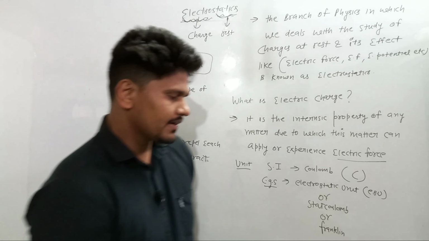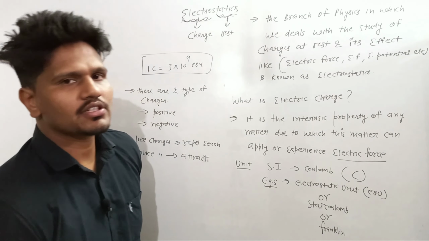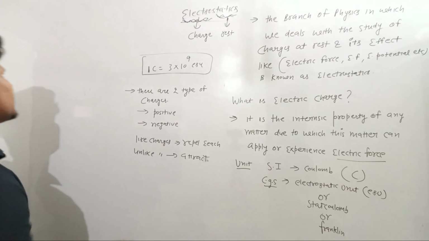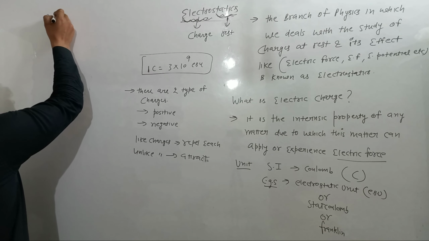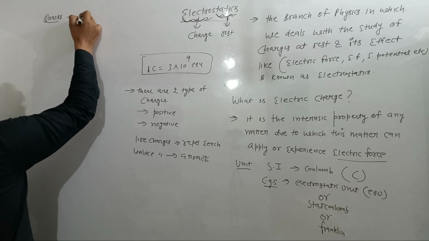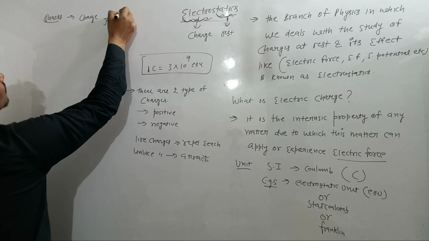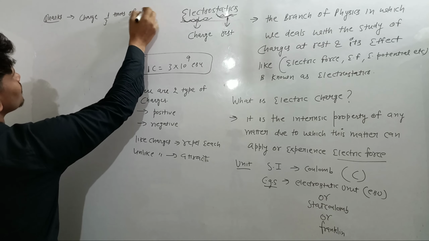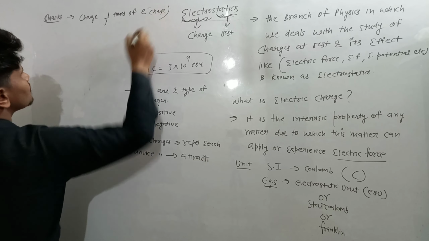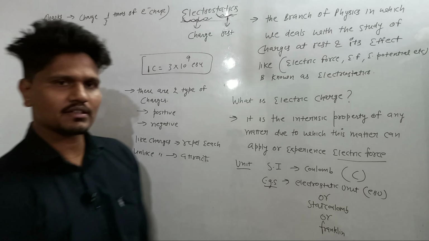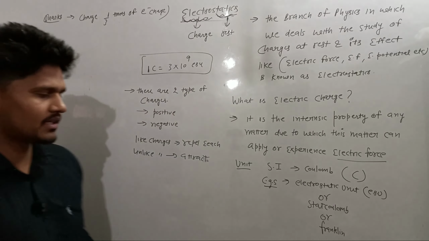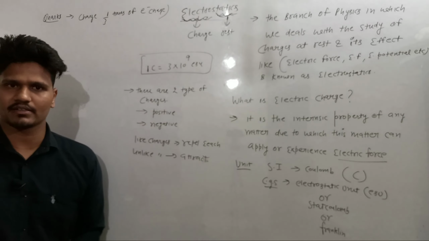So what is the smallest charge possible? We have quarks, which have charge equal to 1 by 3 times the charge of an electron.